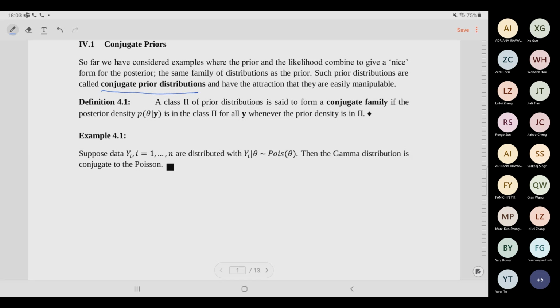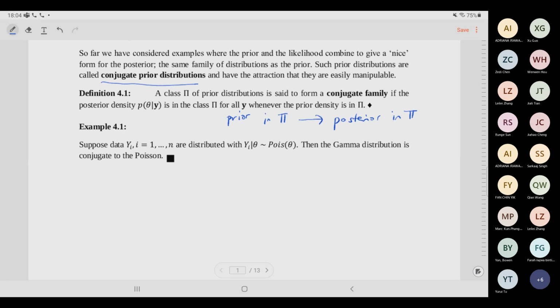This means that if your prior is in the family of pi, this implies that your posterior will also be in the family of pi. So you can choose a prior such that you will get a certain posterior, and this will also depend on your likelihood.